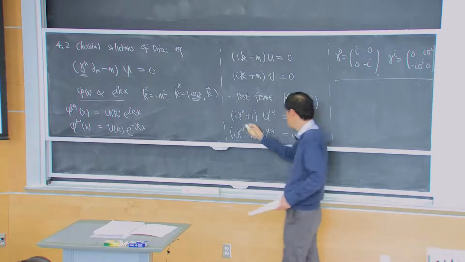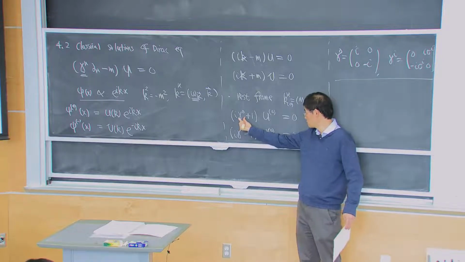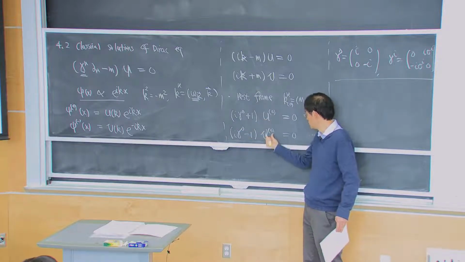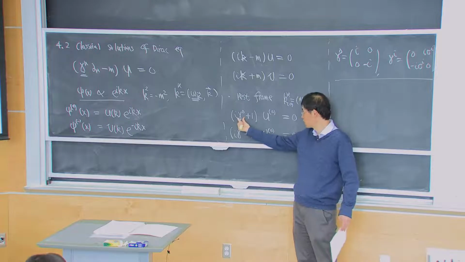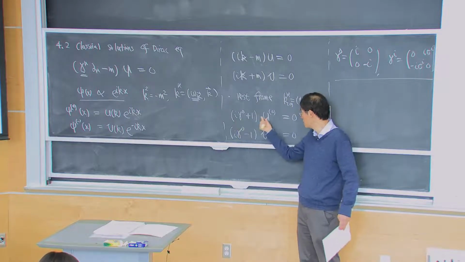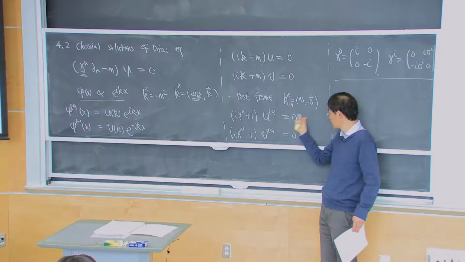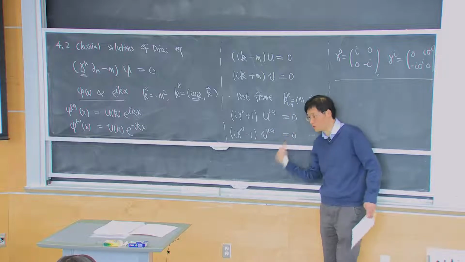So u0 and v0 correspond to eigenvectors of gamma 0, because gamma 0 times u gives you a constant. I can move that constant to the right-hand side, and it just looks like an eigenvalue equation.